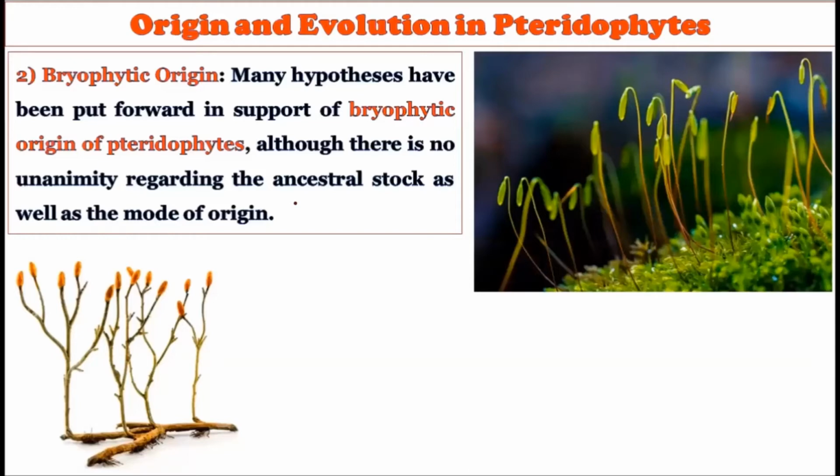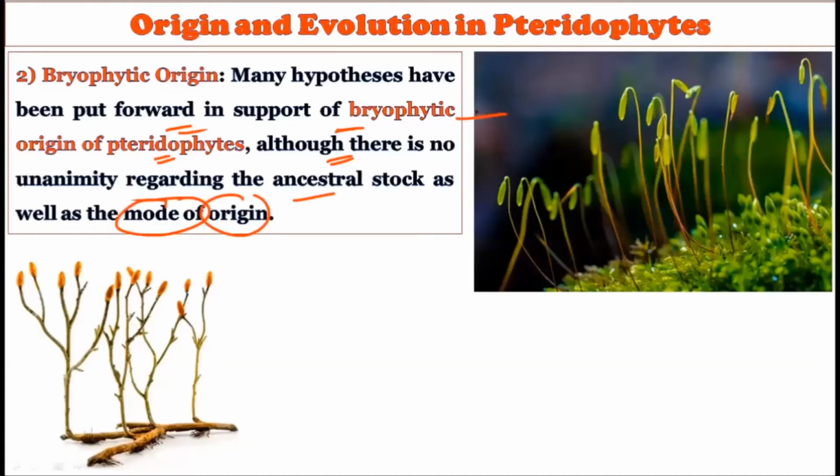Now let us consider the second one, the Bryophytic origin. While we study the Bryophytic origin, it also gives some morphological characteristics that are very similar between the bryophyte and the pteridophyte. Many hypotheses have been put forward to support the Bryophytic origin of pteridophytes, although there is no unanimity regarding the ancestral stock as well as the mode of origin.